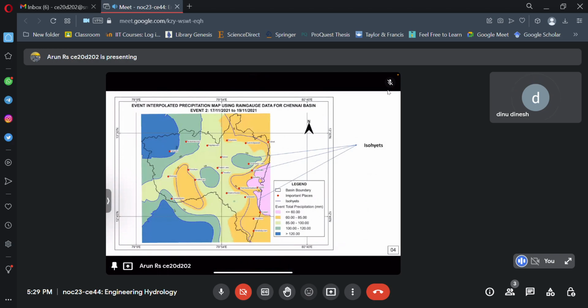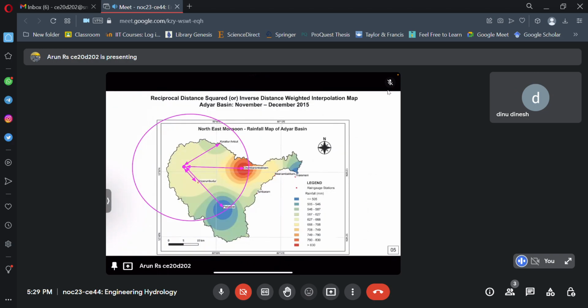For a real life example, for the same Adyar catchment, if our point of interest is the pink color dot, we will define a radius of influence. It will take the points only within the radius of influence, and you can determine the distance from the point of interest to the stations, and then you can determine the precipitation at any point in the catchment.